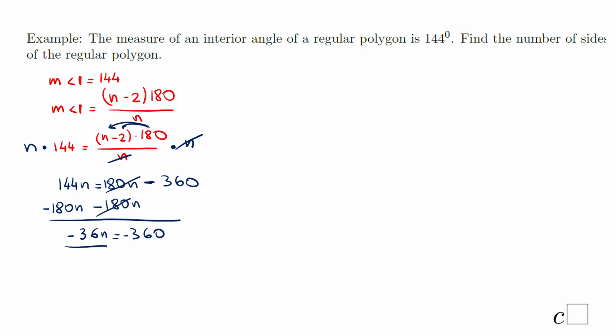Divide by negative 36, because you want to get rid of the negative 36. Don't forget to do the same thing on the other side. And we have N equals 10. The regular polygon for which the interior angle is 144 degrees is the polygon that has 10 sides. Decagon is the name of that polygon.